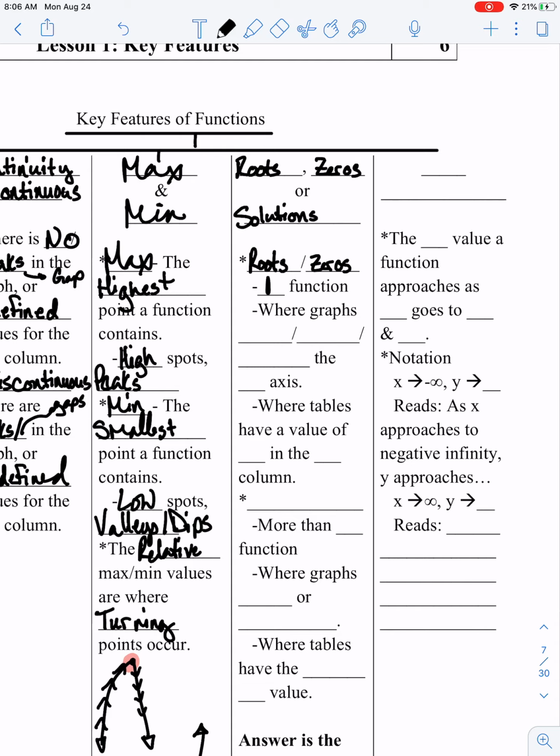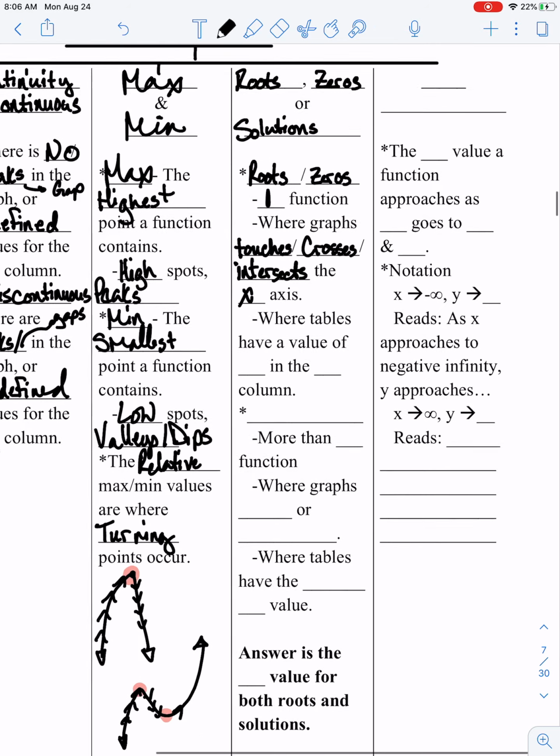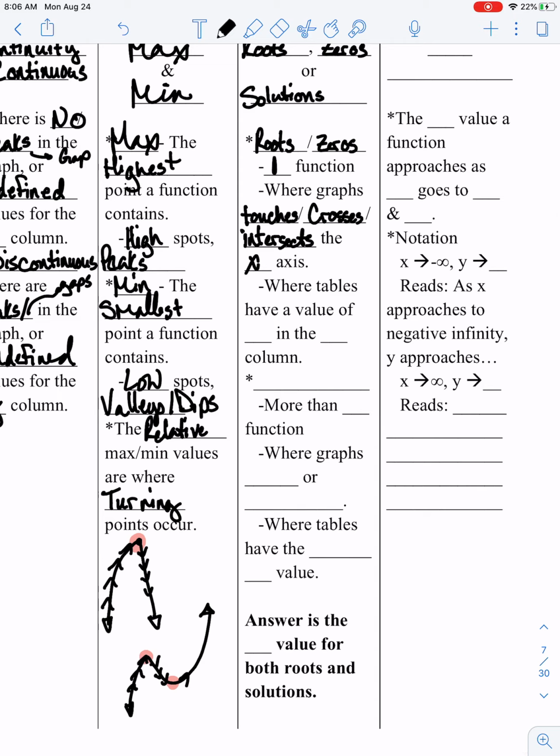It will always be where the graph touches, crosses, or intersects your x-axis. Another way to spot this, if you're given a table, is if it has a 0 in the y column.